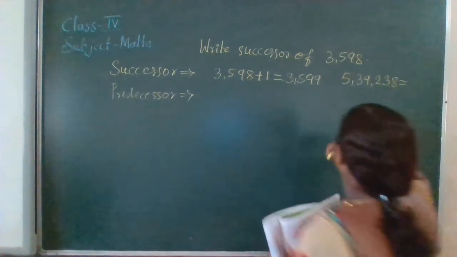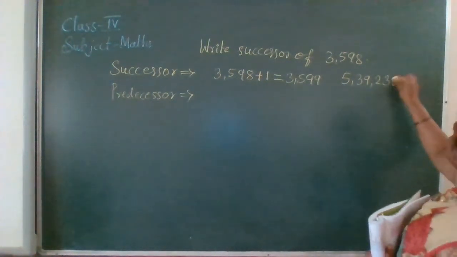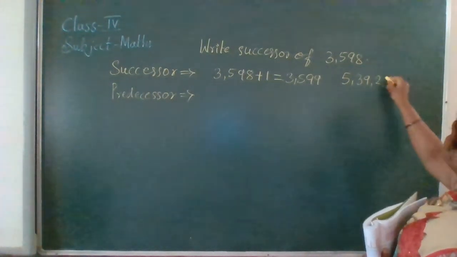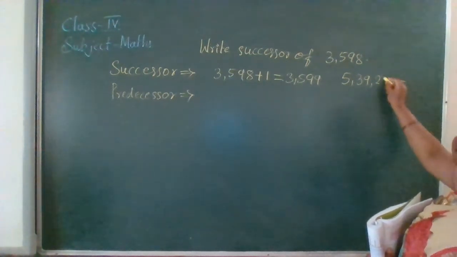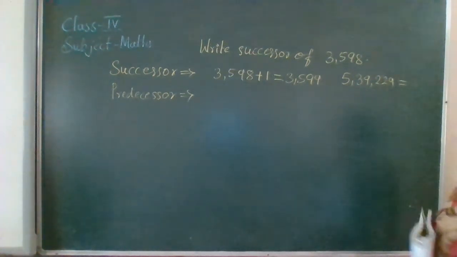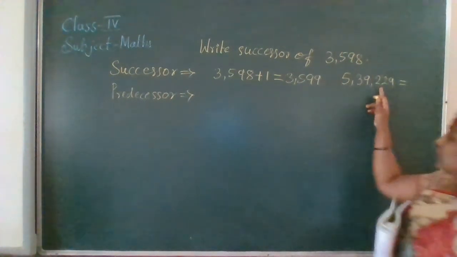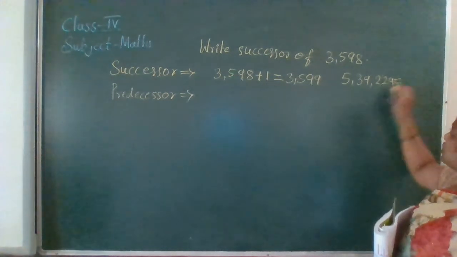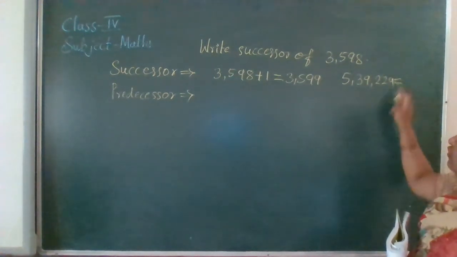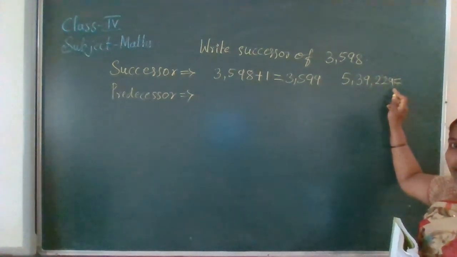One more example, 5,39,229. What will be the successor of this? After this you should add plus 1.